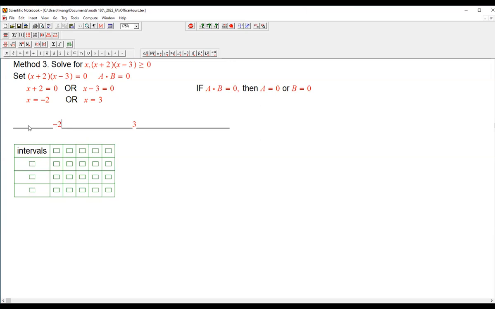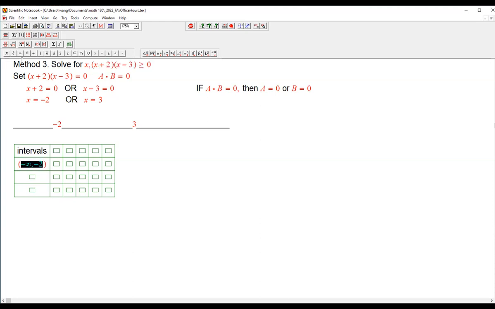One of the intervals, of course, is from negative infinity to negative 2. Be careful: negative 2 is a solution, because when x equals negative 2, the product is equal to 0, and that is also a desired consequence.